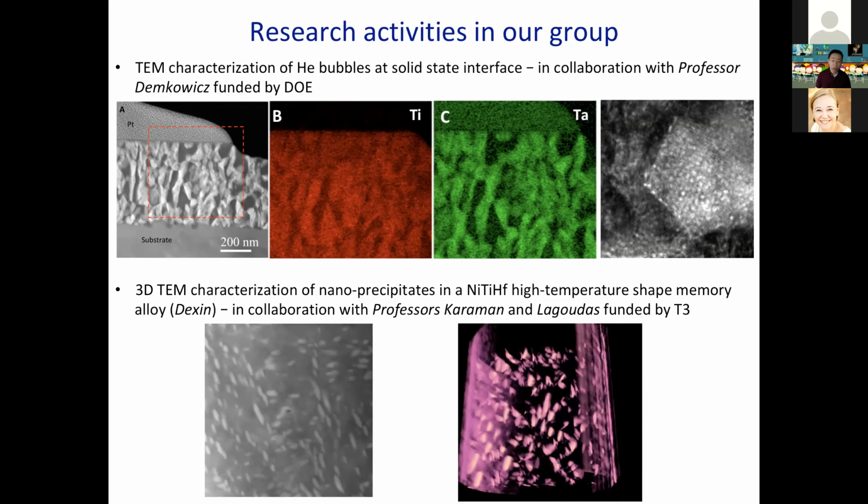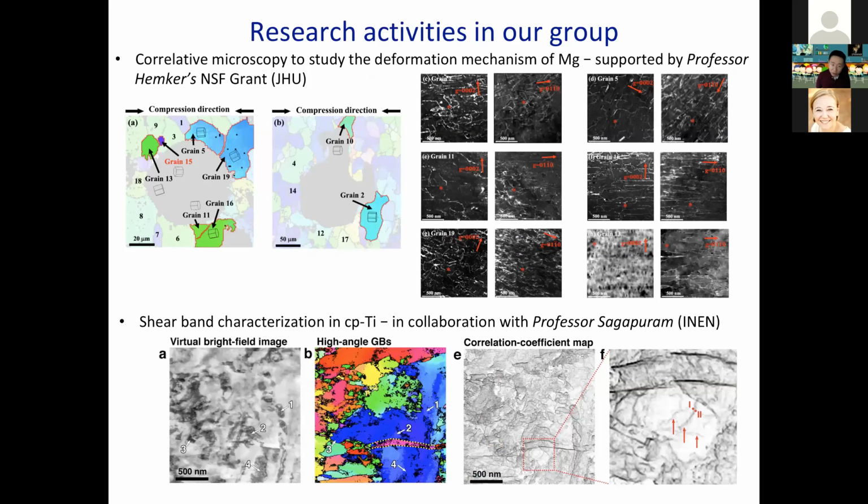We also do a little bit of microscopy technique development. In this example on the top here, one thing we're trying to do is something we call correlative microscopy. For correlative microscopy, we're trying to combine more than one type of microscopy technique together to help us learn more about the material.